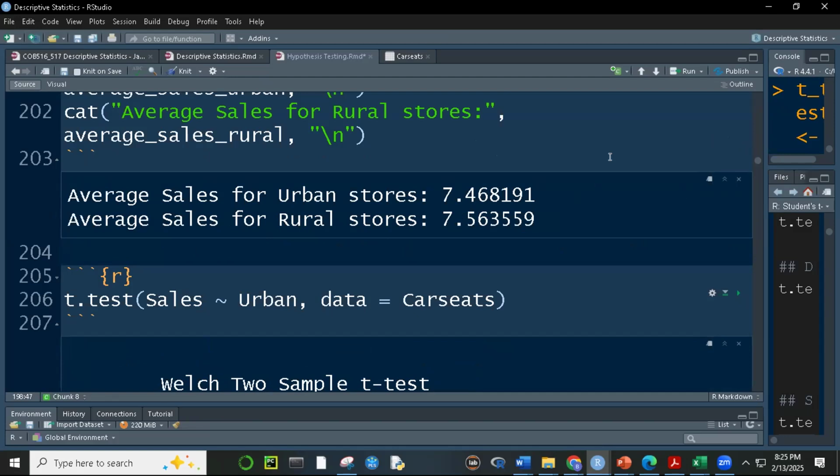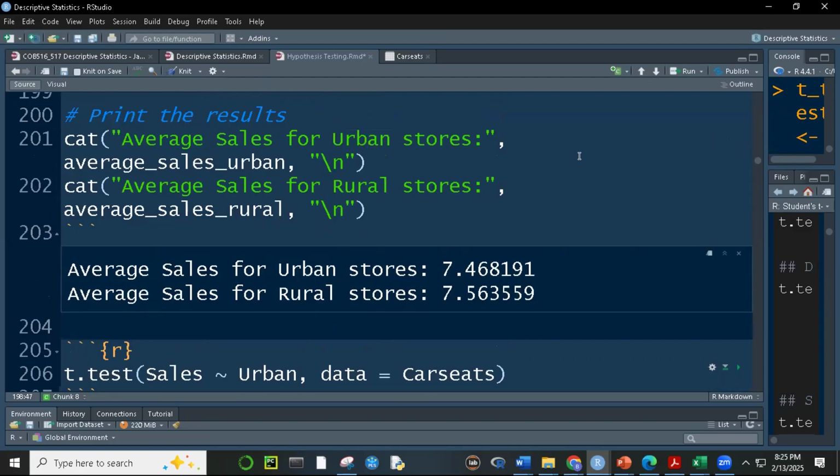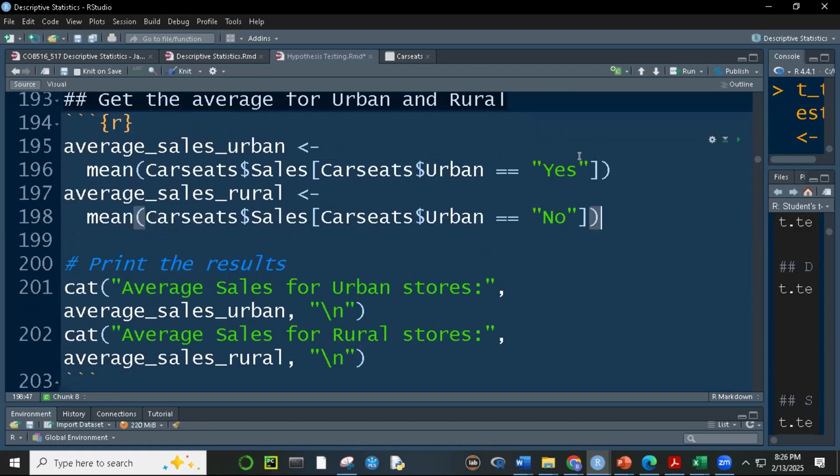Average sales for rural stores, 7.56. So that's how you get the average from a particular variable in a data set that contains several levels.